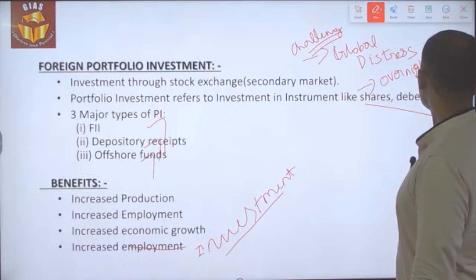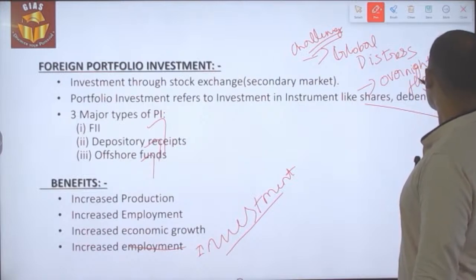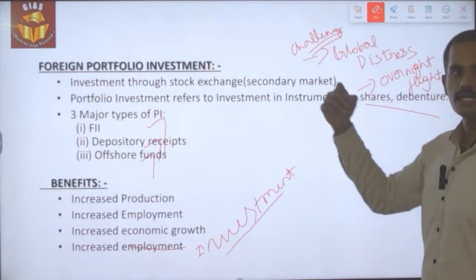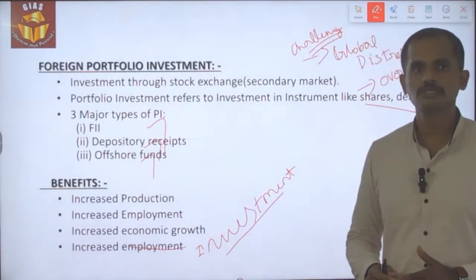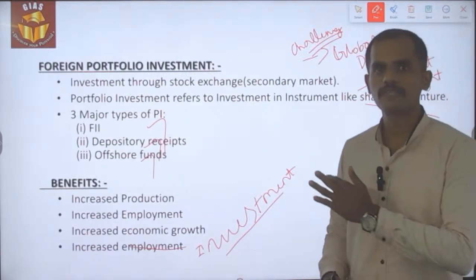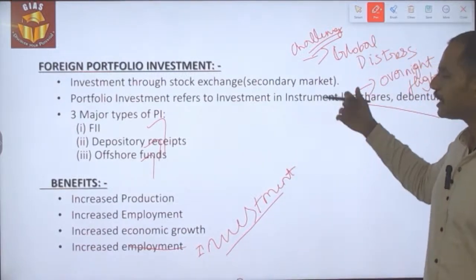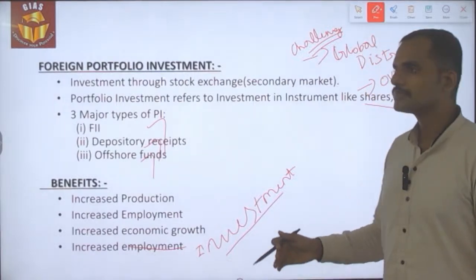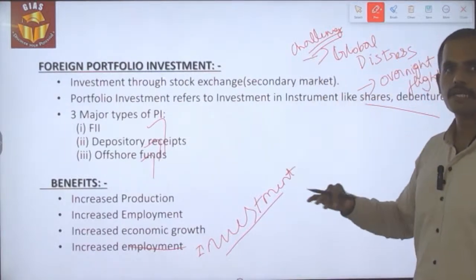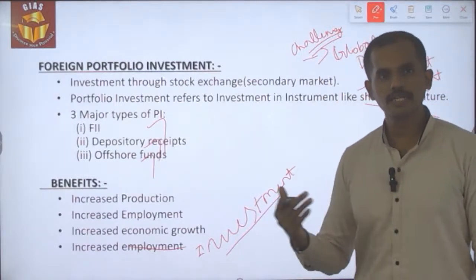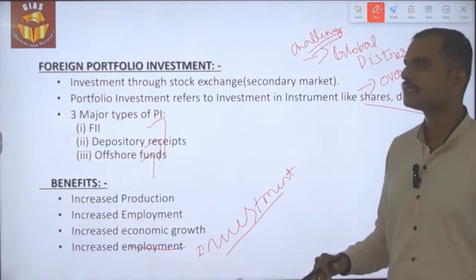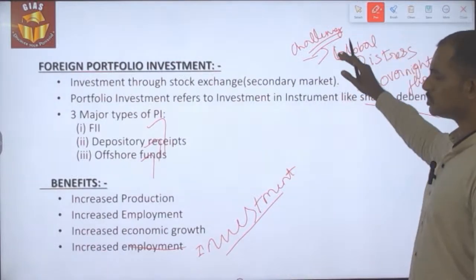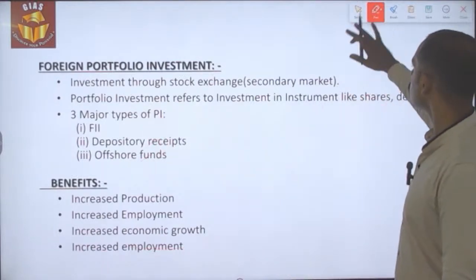If there is any kind of distress in the global economy, there will be an overnight flight of the capital in the portfolio investment. Such a thing will create turmoil in the domestic area where the portfolio investment has been made. These are the two challenges of portfolio investment.